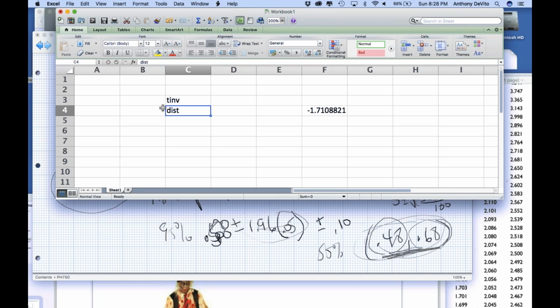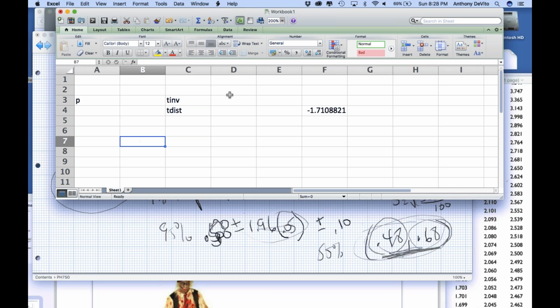Okay, so let's talk about how we might use these. T inverse: let's say that you know the probability that you want, but you want to know what t-score represents that probability. For instance, if I was working with a problem where I needed to go to the chart to look up what the critical value of t was for a 95% confidence interval and for a sample size of 25, as we just did a little while ago.